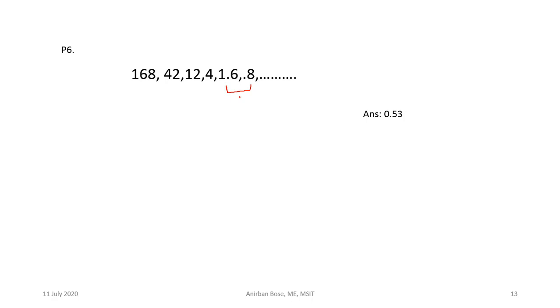It is what, multiplied by 2, then it is what, 1.6 into 4, multiplied by 2.5, from here to here multiplied by 3, right? So here 12 to 42 multiplied by 3.5. So you can see what is the pattern.